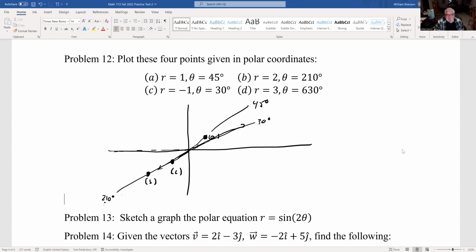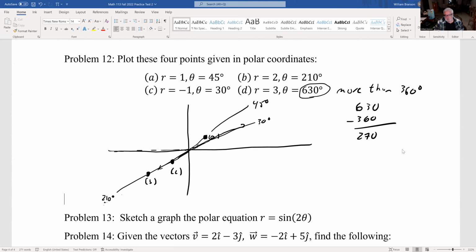R equals 3, theta equals 630. This is more than 360 degrees, so I want to subtract off a 360 from that. Usually I do this by counting backwards. So if we add 40 to 360, you get 400, plus another 20, plus another 30, that would mean 270, right?